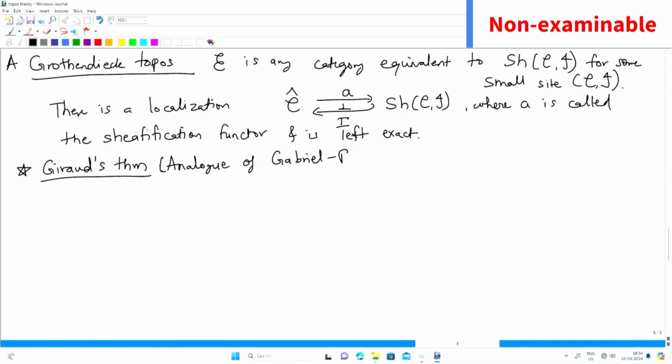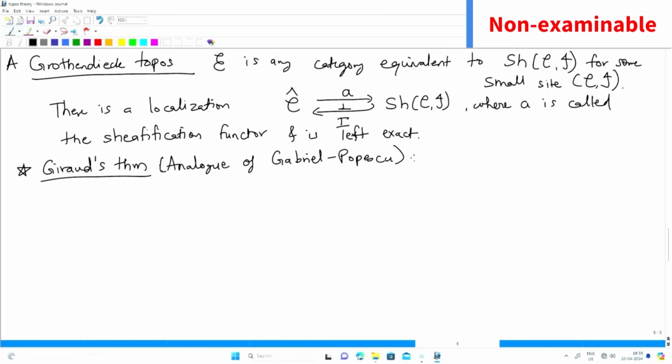You remember Gabriel-Popescu says that every Grothendieck category is a localization of a module category. Now, the module category here is replaced by C hat, the pre-sheaf category. So it's a localization. Yeah, that's the definition. So how was the Grothendieck category defined? It was an abelian category which had some more conditions: arbitrary small co-products, then the direct limit of short exact sequences is again short exact, and it has a generator.